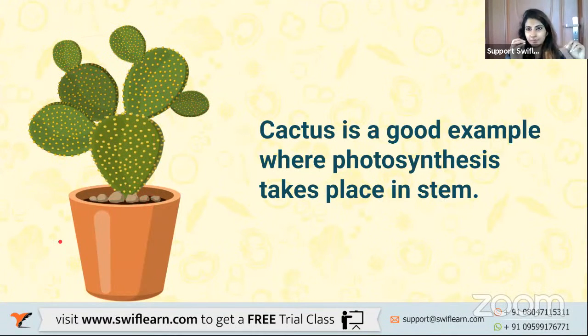Cactus is a stem, and photosynthesis is taking place inside that stem. Many might have gotten confused that these are leaves, but no, this is actually stem. The most important part is that photosynthesis is actually taking place here in the stem. Cactus is mostly stem and not much leaves and flowers, but still photosynthesis happens here.